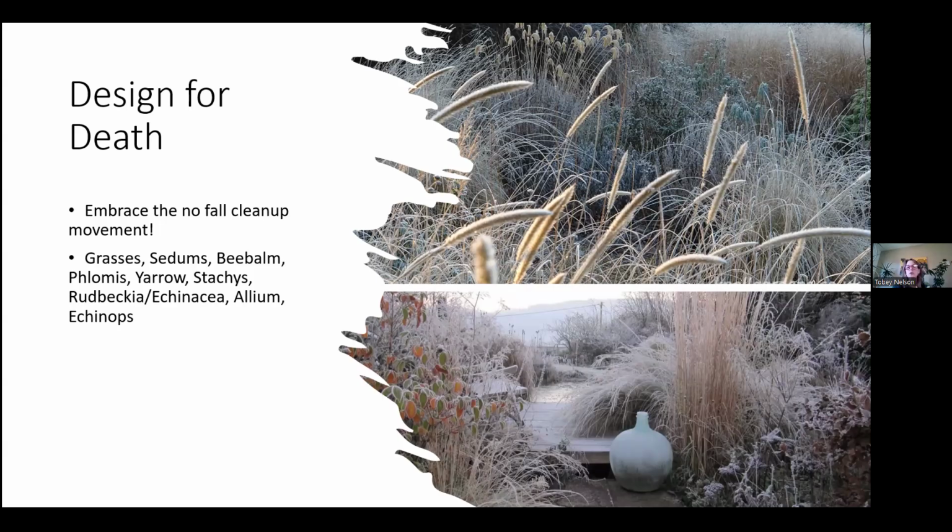And so if you have considered what a plant looks like when it dies into your choosing of what plants to include in your garden, and you embrace some sexy dead things, then you can have a garden that has more winter interest, offers more winter habitat. You can use a lot of seed bearing plants, and you can really bring in a lot of wildlife who can then use that seed source for winter food. And it's more beautiful, and you're less inclined to want to groom it and take away all of that overwintering habitat.